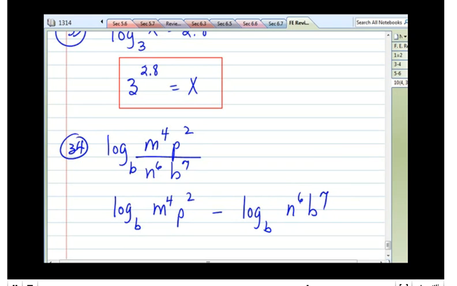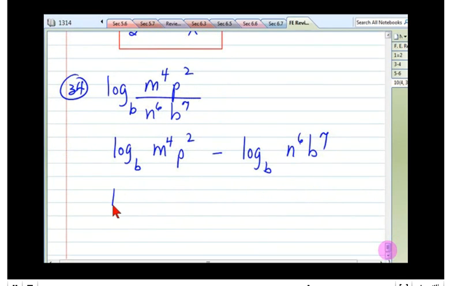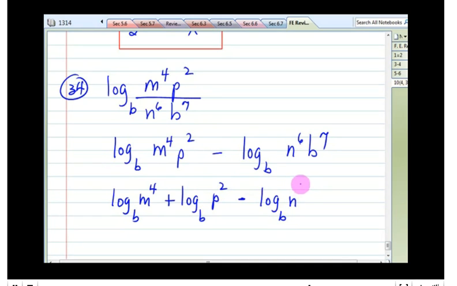And then this is a product, so we could separate those two pieces. So log base b of m to the 4th plus log base b of p squared minus log base b of n to the 6th.